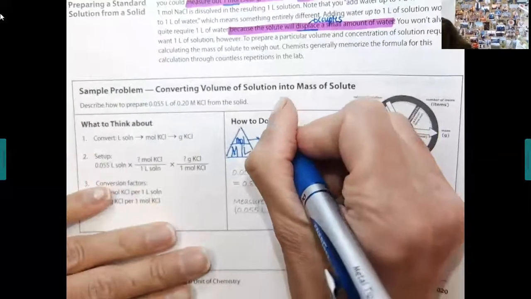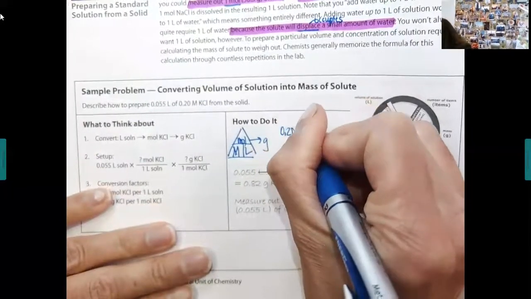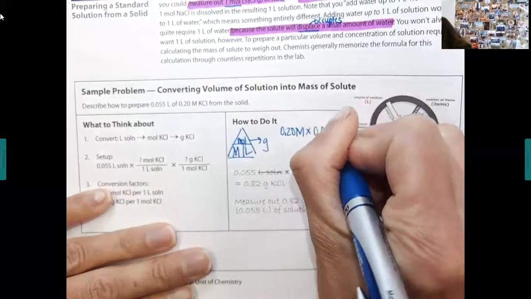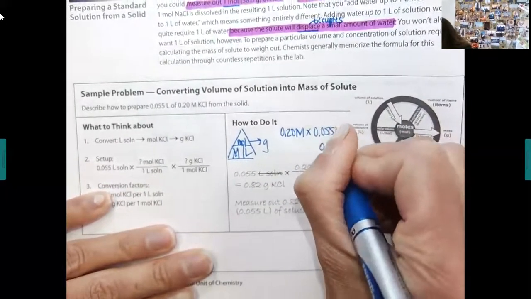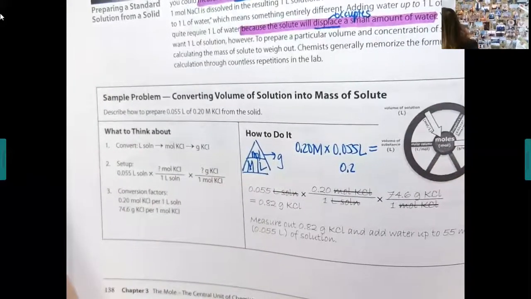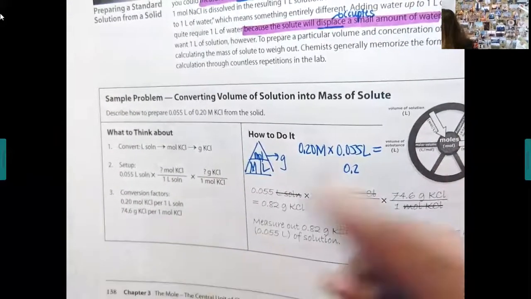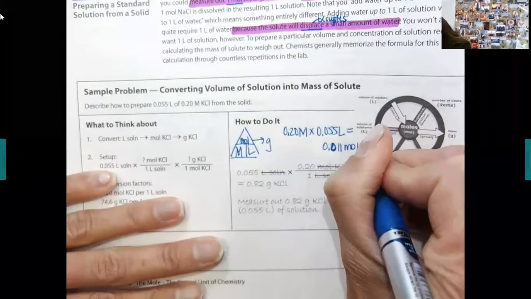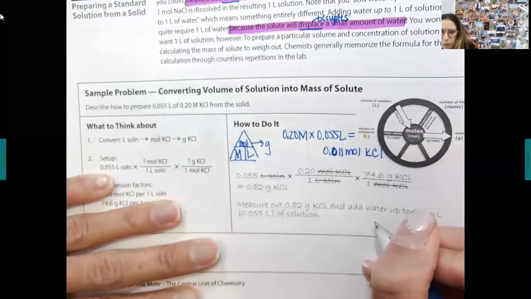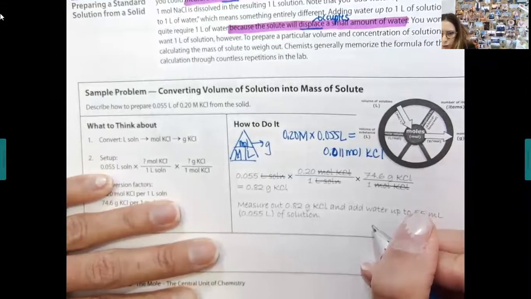So it's 0.20 molarity times 0.055 liters. That's going to give you 0.011 moles of KCl.